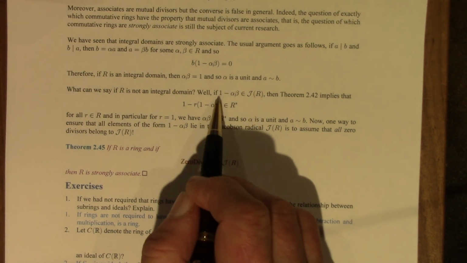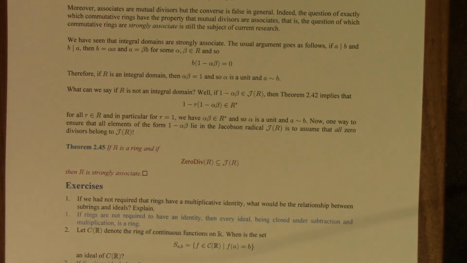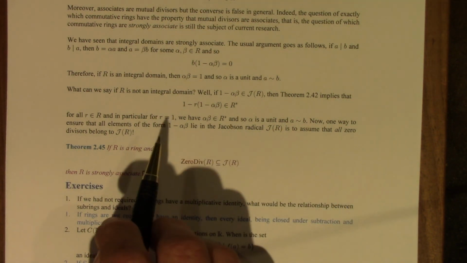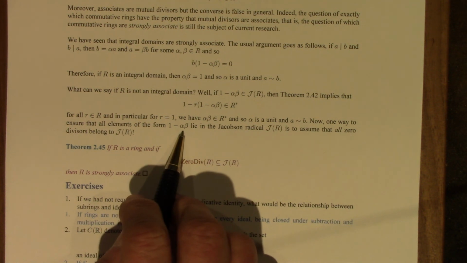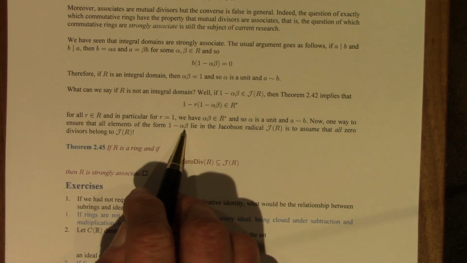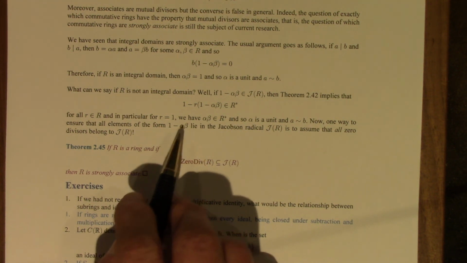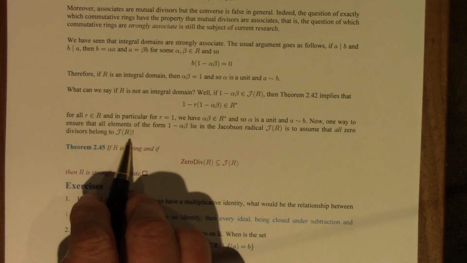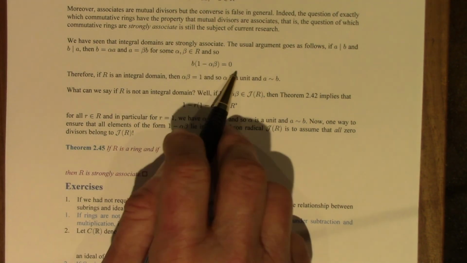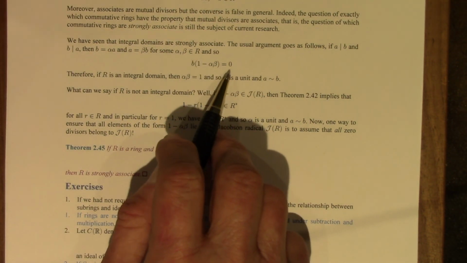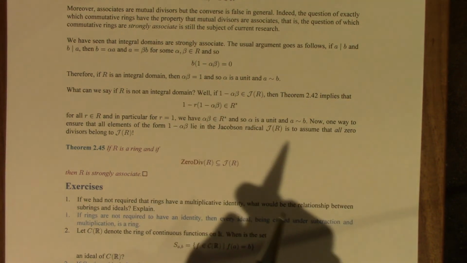But this condition, you would have to check it for all alpha and beta. It's tricky. But one way to ensure that all elements of this form lie in the Jacobson radical is to assume that all zero divisors belong to the Jacobson radical, because 1 minus alpha beta is a zero divisor, regardless of what alpha and beta are.